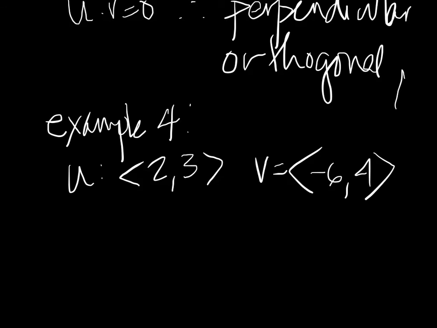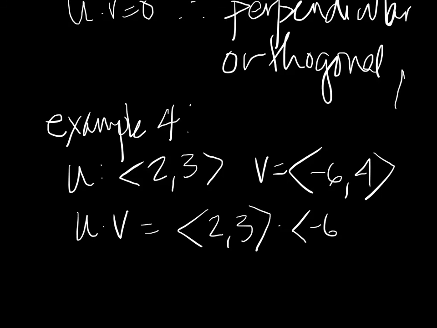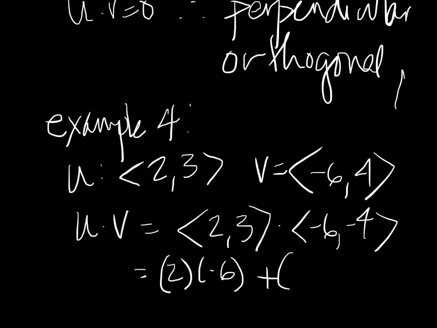So what I'm going to do is find the dot product between these two. I'm going to multiply 2 and -6 plus, this is a positive 4, no wonder I was doing that wrong, plus 3 times 4, and that's going to be negative 12 plus 12 equals 0.